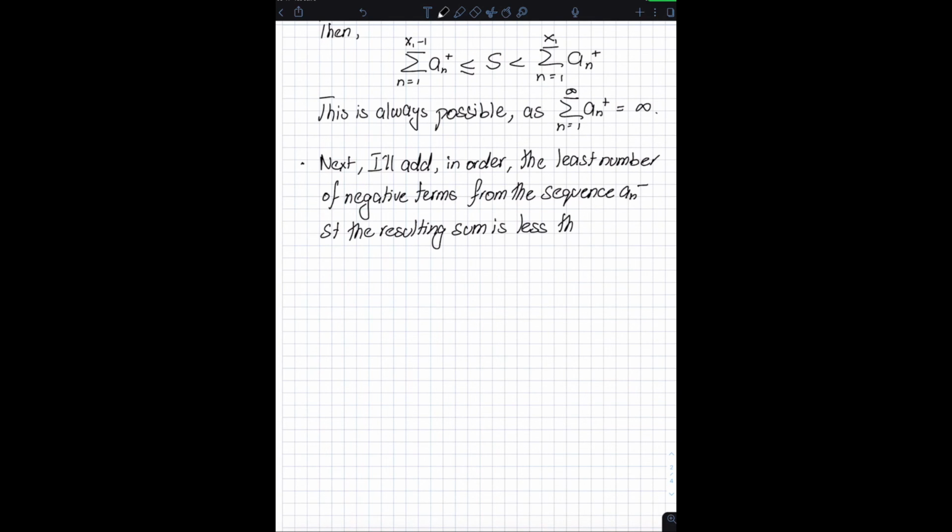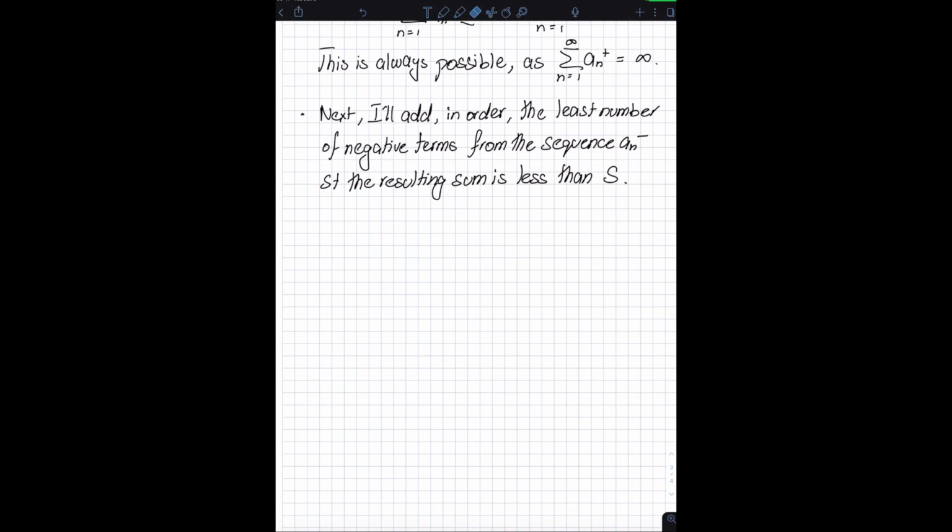So now what I want to do is add the least number of terms in order from the sequence a of n negative, such that when I add this up with what I've already added, I get something that is less than s. And let's suppose that I require y1 of such terms.